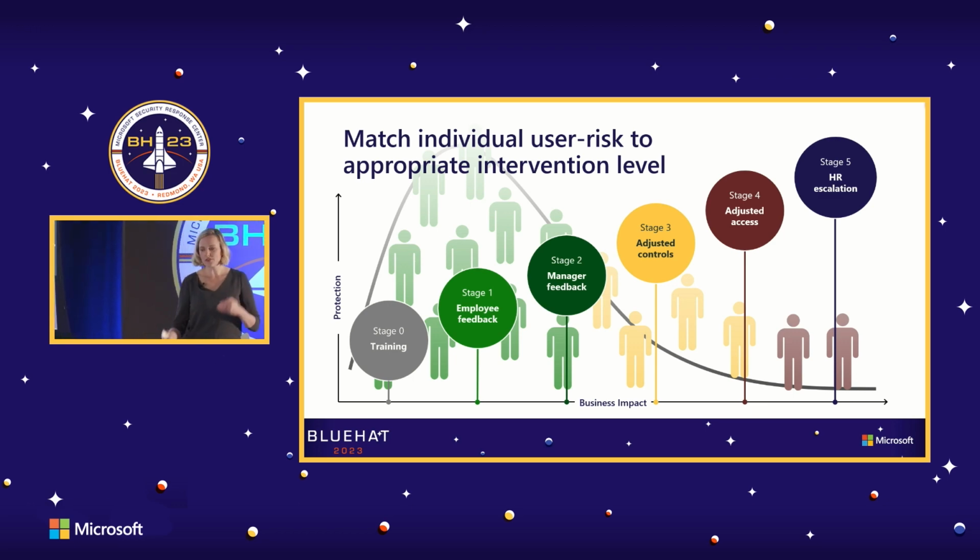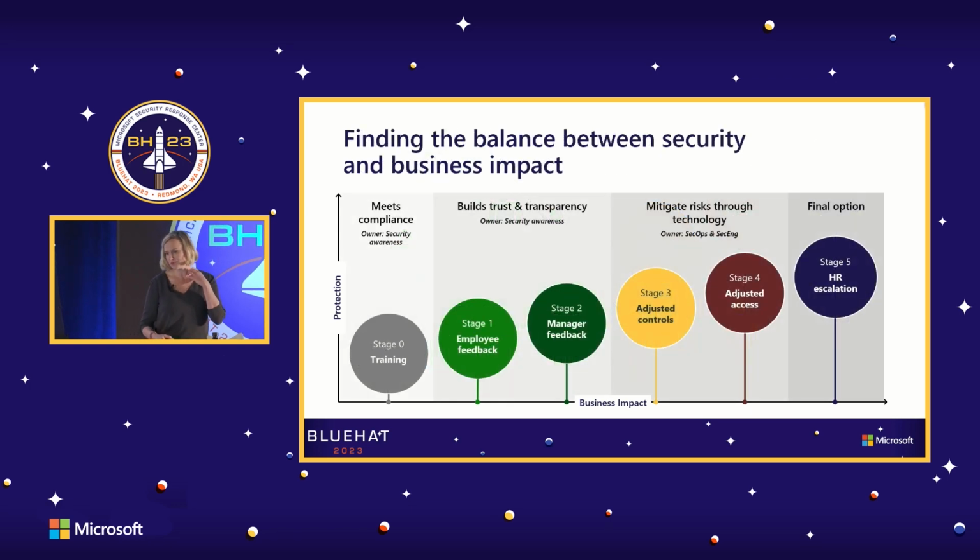And folks in different parts of this bell curve require different levels of intervention. Now, this is a significantly different way of thinking about how we manage user risk in our organizations today, where now it's, hey, everybody go through the same training, thanks. We start mapping user risk appropriate to the type of interventions available to us. I'm going to unpack what these interventions look like in a little bit more detail.